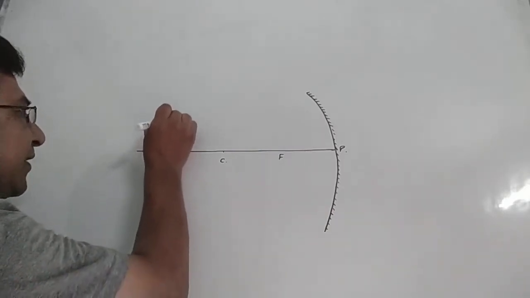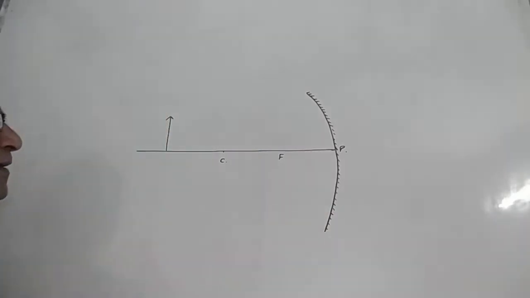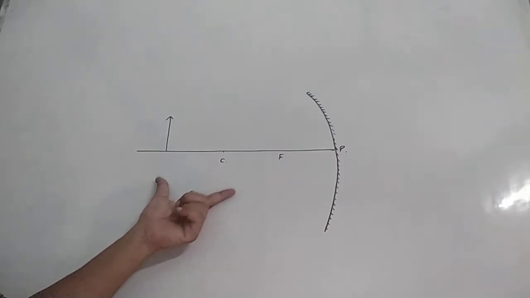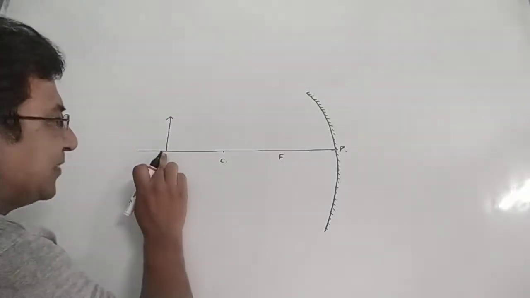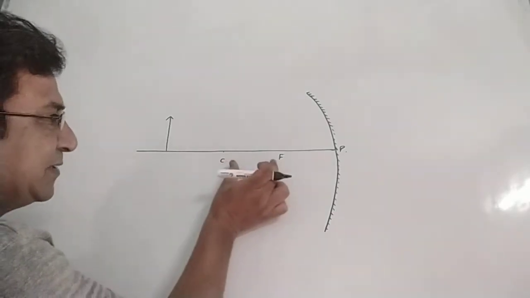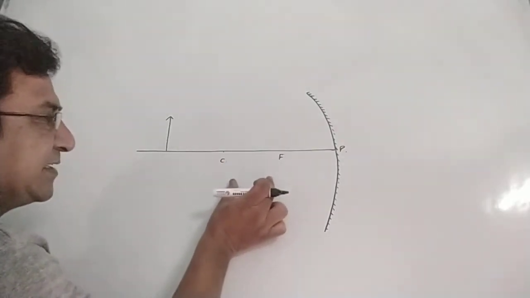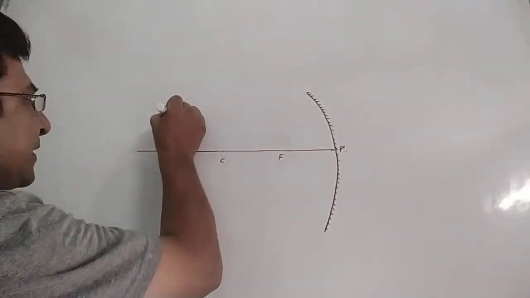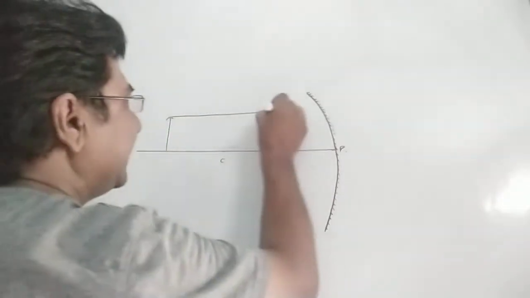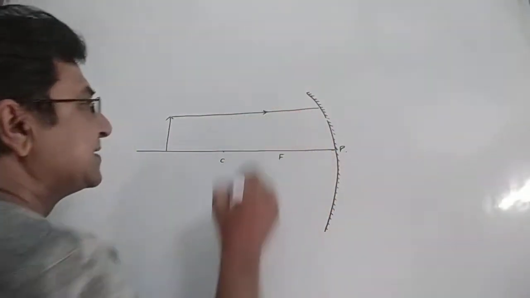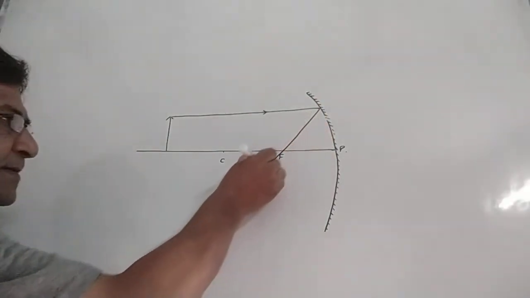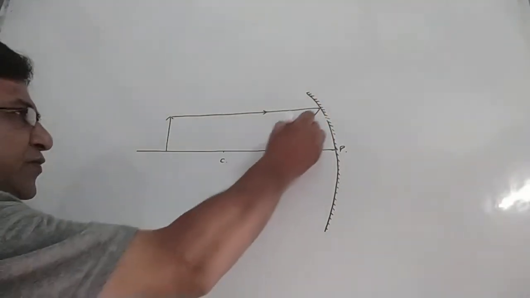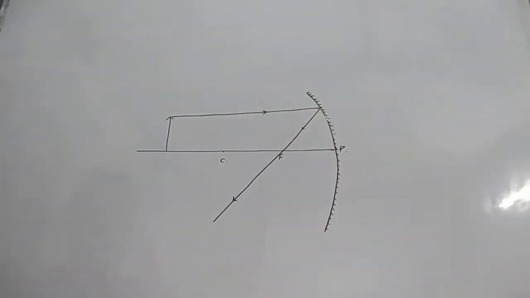Now place an object beyond the center of curvature. If the object is placed beyond the center of curvature, the image will be formed in between the center of curvature and focus. See, a ray which is parallel to the principal axis will pass through the focus. This is one of the rules we already have discussed.